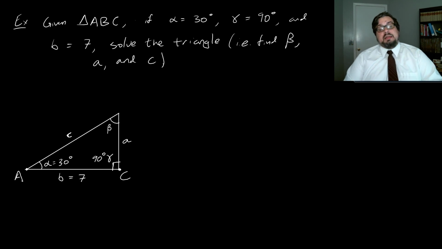Now, in this case, we can find beta very easily. When you are given two angles in the triangle, you can figure out the third immediately, very, very quickly.